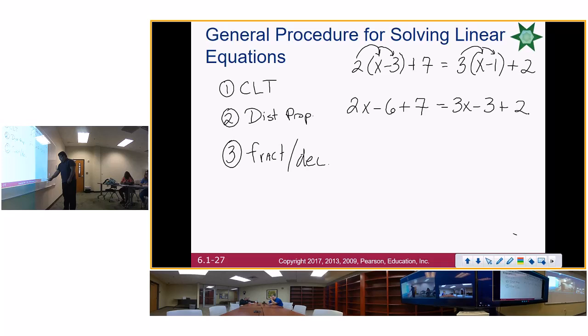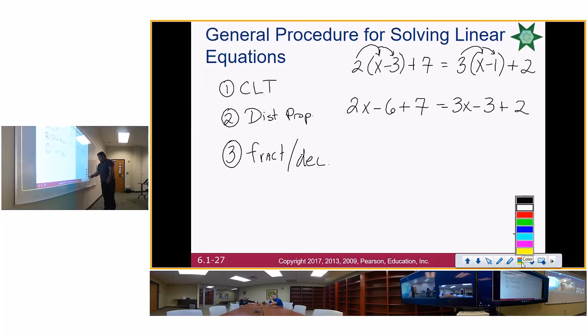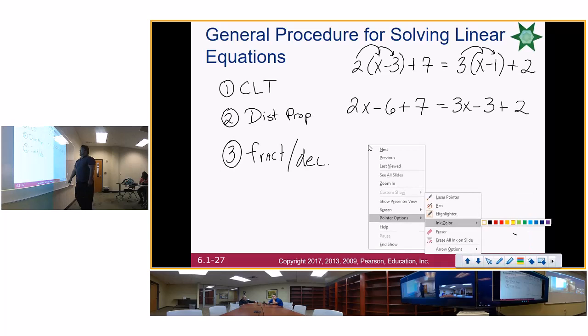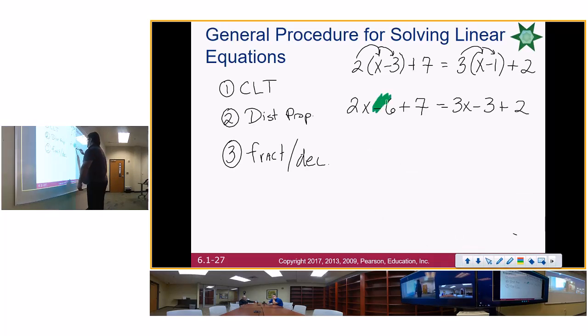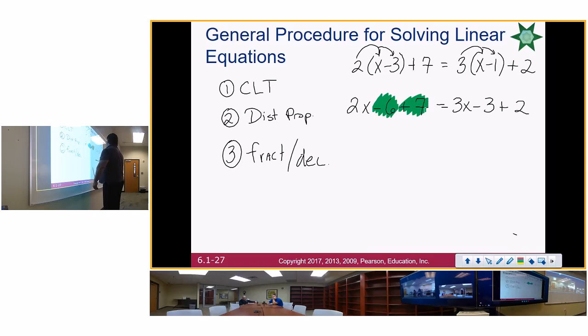So I'm going to take my handy dandy highlighter, just like I did before, and I'm going to highlight this one, that one, this one, and this one. 2x: you owe somebody $6, you have $7, you have $1. 3x: you owe $3, you have $2, you still owe $1.